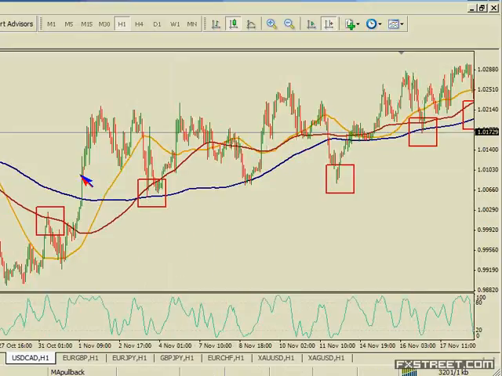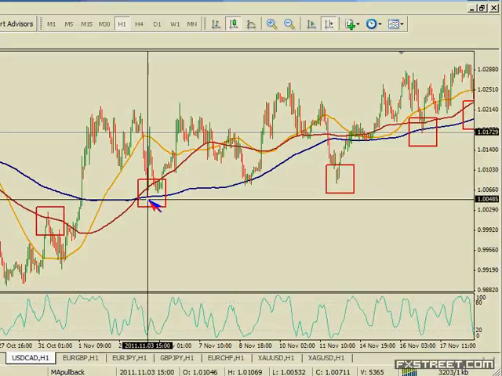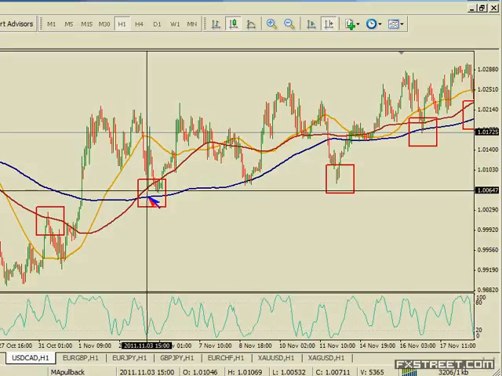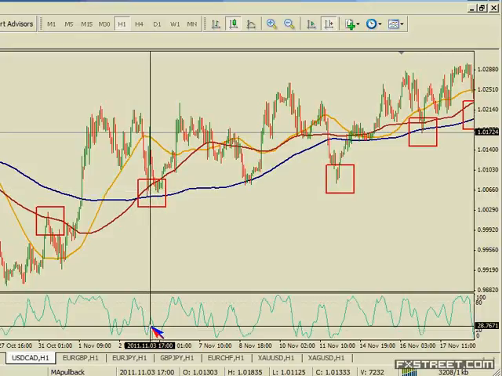Here's another one back here. Now, this might not have been a great trade. There are correct order moving averages right here, as you can see with my crosshairs: blue, red, and then orange up here. Now it crosses up, but at that point it's a very big candle.